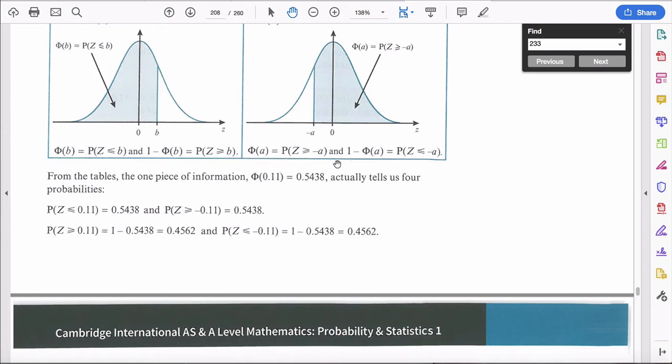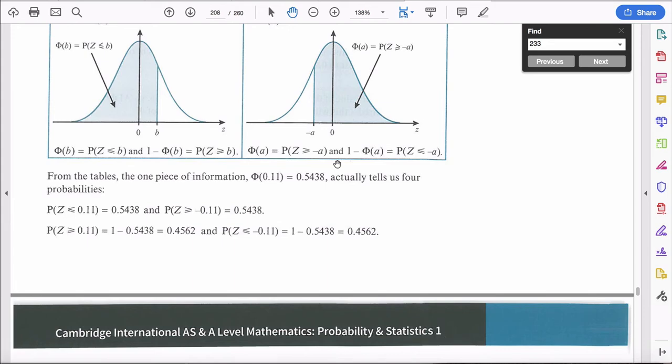Okay. Now the next case. If you are looking for probability of z less than a negative number, I consider here as mean. For example, it is negative a. You are supposed to find this area. Again, it will be phi of negative a, which is undefined in your table. But what can I do? I convert it to this case. It is negative a.